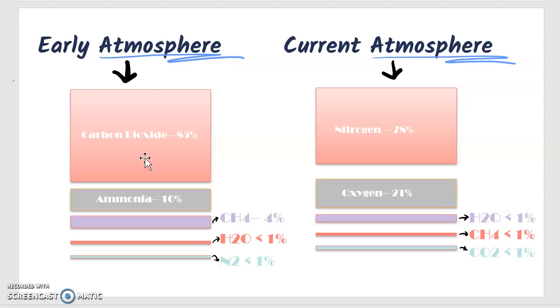But natural phenomena like volcanic eruptions contributed carbon dioxide to the atmosphere. But it's not only that. As the Earth cooled down during the origin of the atmosphere, photosynthetic organisms, the microbes, the cyanobacteria, started to perform photosynthesis using carbon dioxide in the atmosphere, thereby releasing oxygen.